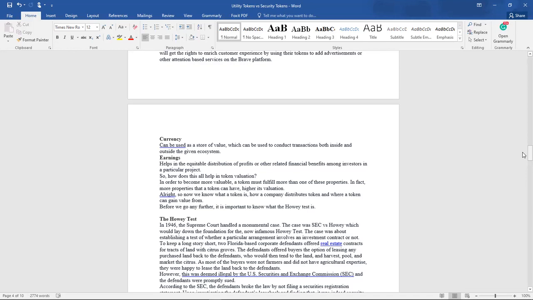If a particular token does not have a lot of utility, then the coin will not have that big a value. It may be created centuries or years or eons ago, but if the coin does not have utility, it won't be valuable. So that's how value is created.